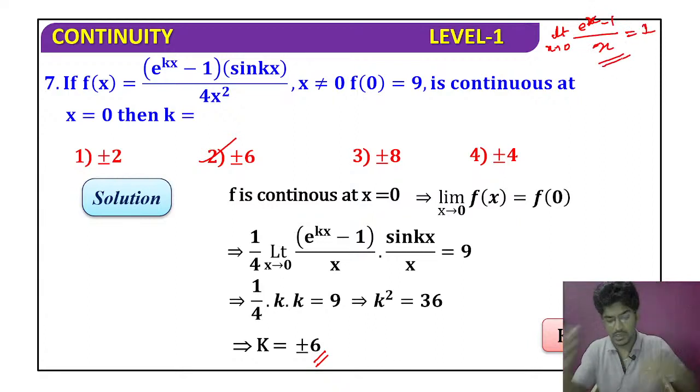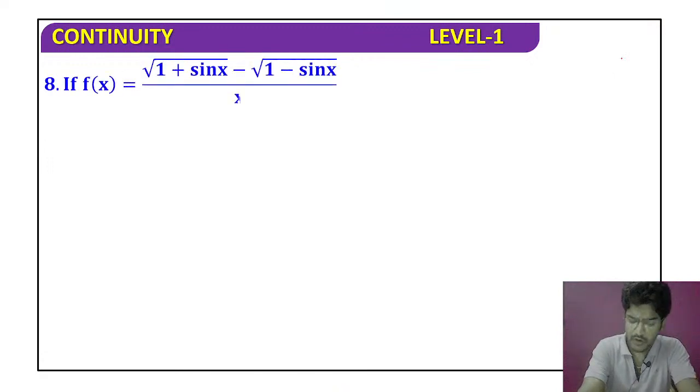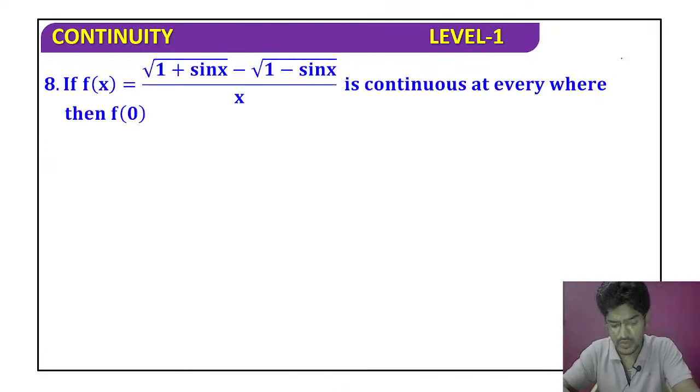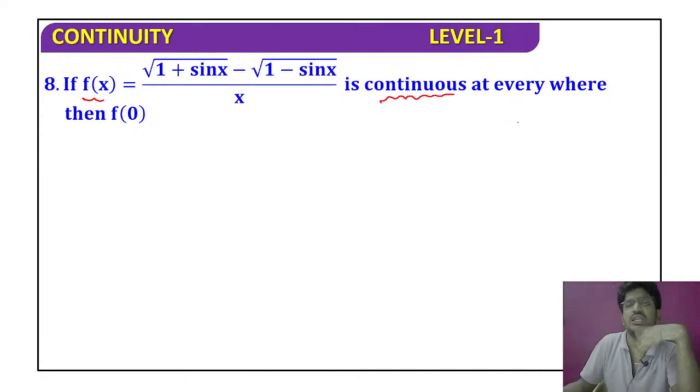Okay. So now we can quickly go for the 8th problem, that is, if f of x equal to root of 1 plus sin x minus root of 1 minus sin x divided by x is continuous everywhere. They have given that it is continuous everywhere.